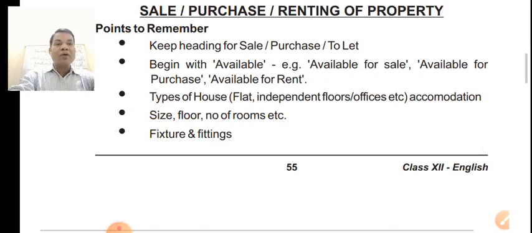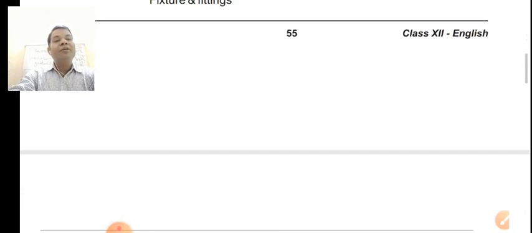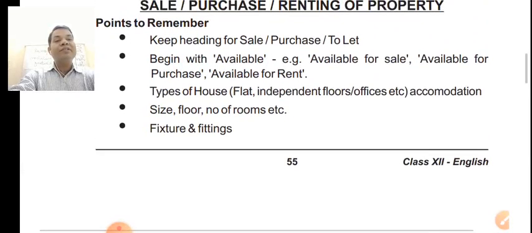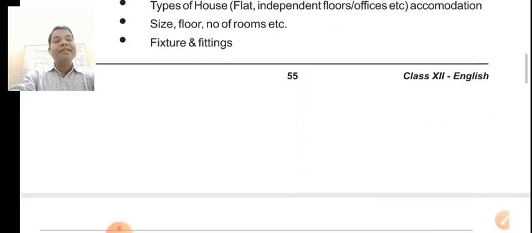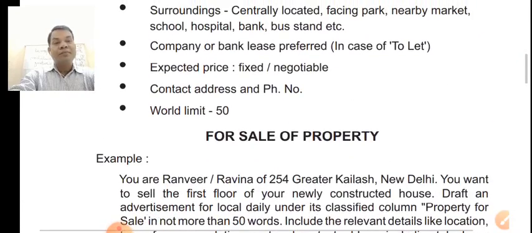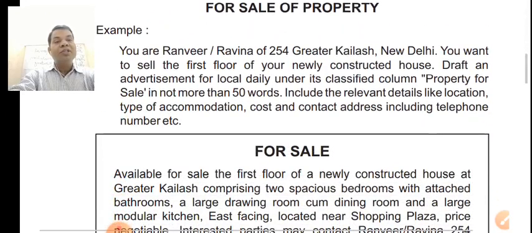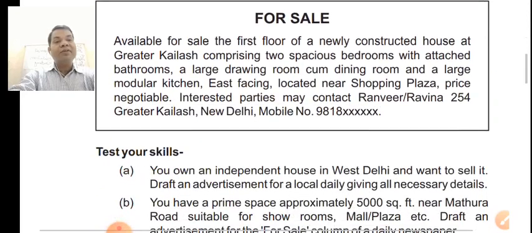So these are for sale, purchase, renting of property. We discussed what are the important points which we must remember while writing such types of advertisements. Okay, then we discussed a solved example for the same, as you can see on the screen.